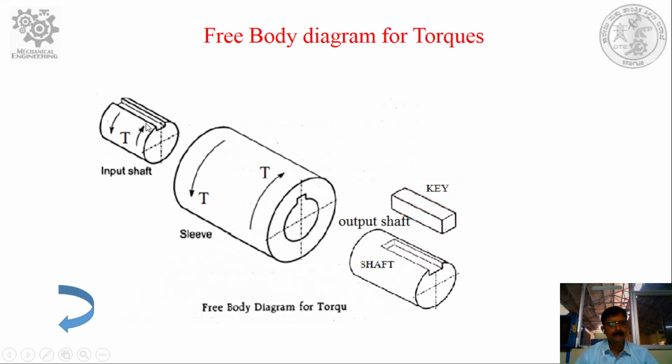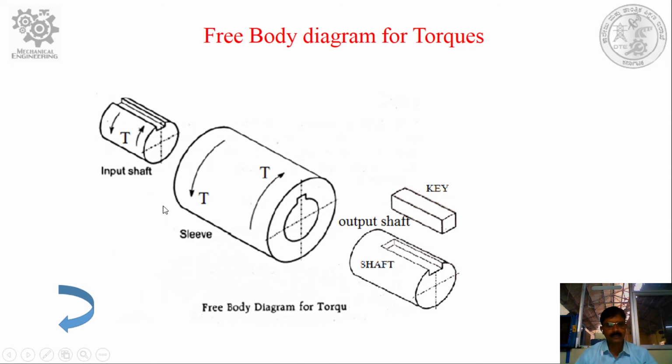But here, what is the torque equal to? We are going to derive the torque from the shear stress equation. Here also is the free body diagram. This is the torque transmitted by the shaft, and this is the torque, the resistance force created inside the muff.